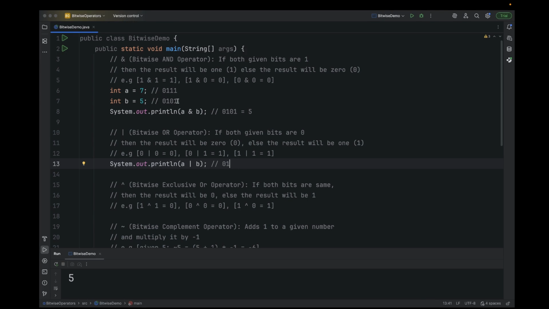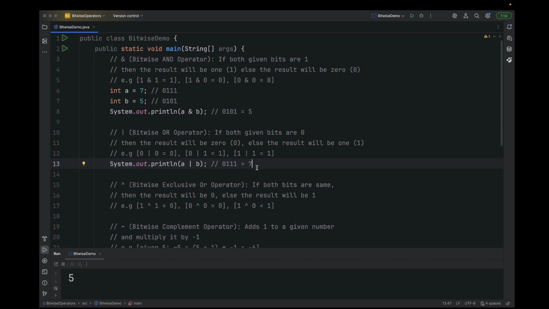Then 1 or 0 should give us 1. And 1 or 1 should give us 1. So now the equivalence of this binary digit is equal to what? 7. You can even see it here already. So it's 7. So if we run this program, we should be getting what?